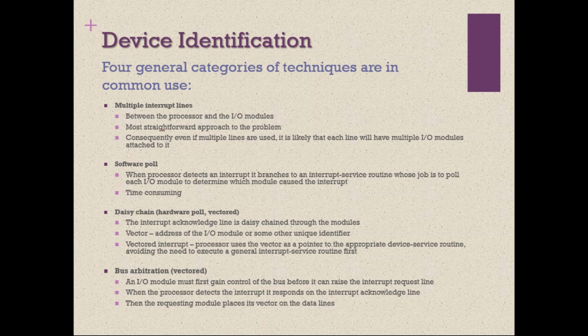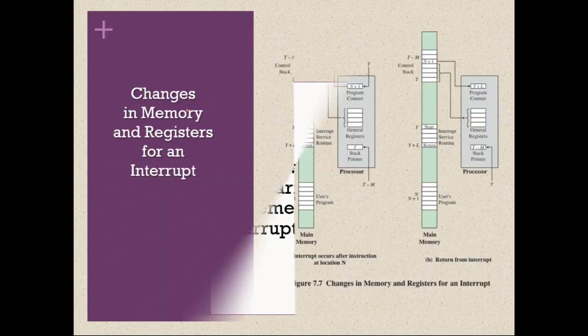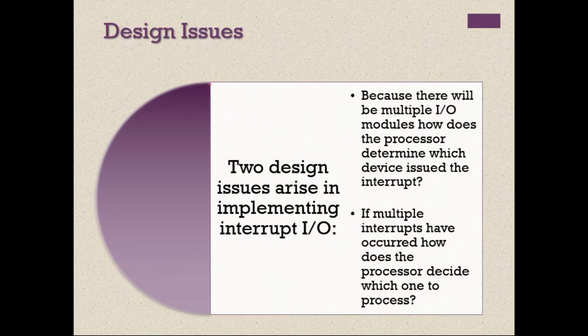The first method says to provide multiple interrupt lines, which means don't use only one interrupt line. Previously we said that all the IO modules will share one common interrupt line, but the first method says to use multiple interrupt lines. That is, if the CPU is this, and these are the IO modules, then each IO module will be connected to the CPU with a separate interrupt line.